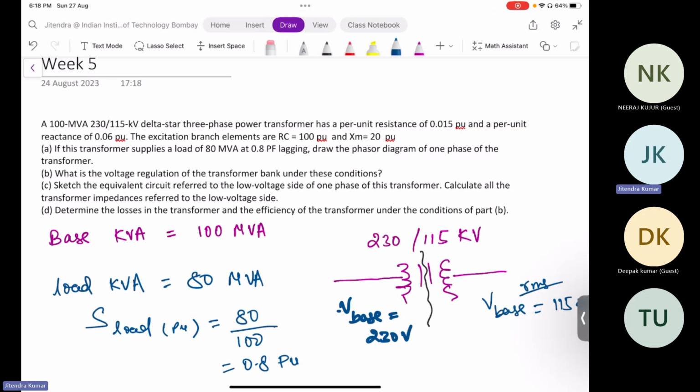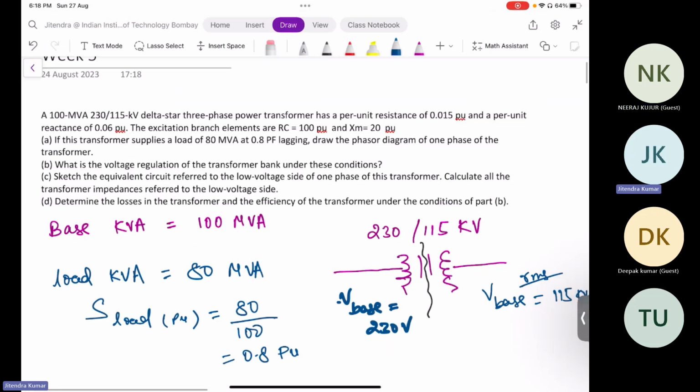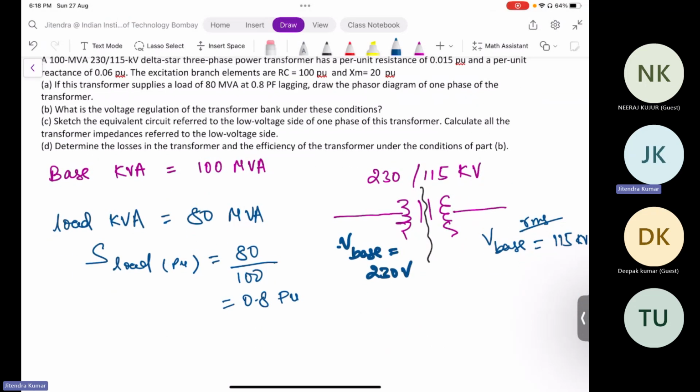If it is 0.8 per unit, we are done with apparent power. Now we have to find out the load current in per unit at this load. First thing, we will compute I base.